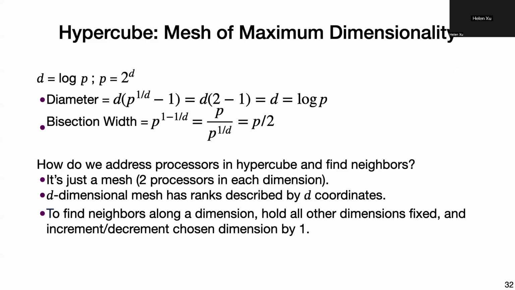We have been talking about this the entire time: when we address the processors in the hypercube, we look at the bit string, and there's just 0 or 1 in each bit position, and that's log P bits. Now this is just a mesh where each bit is one dimension, and the processors are just 0 or 1 in each dimension. And if you want to find the neighbors, as we have been doing, you take some bit string, flip one of the bits, and that's your neighbor along that dimension.